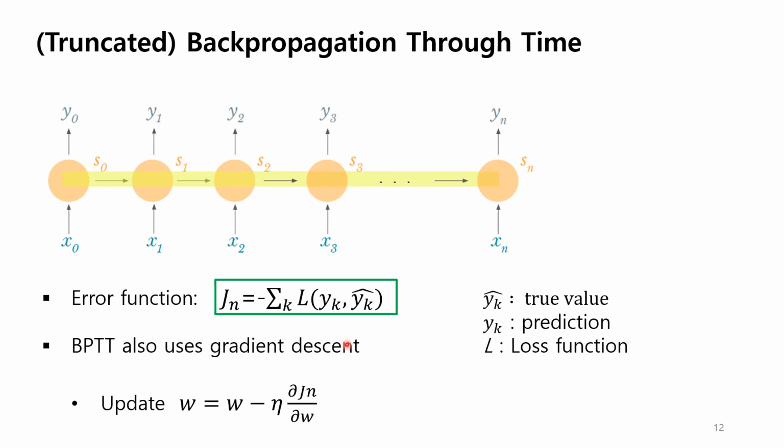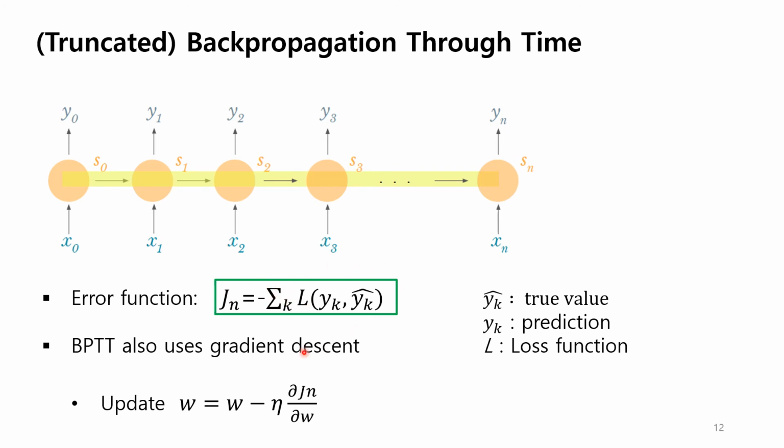Again, in backpropagation through time, we define an error in each time step. This is the true value, this is the predicted value, and this is the loss function computed from these two. So this is the error in time step k, and the total error is the summation of all these errors.